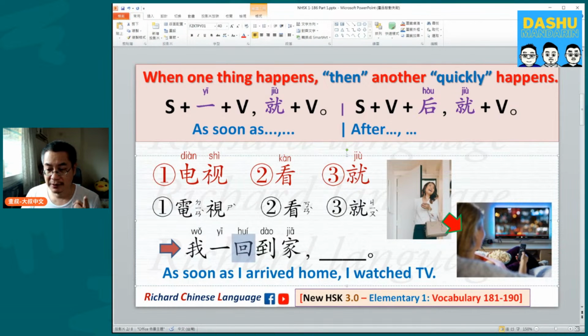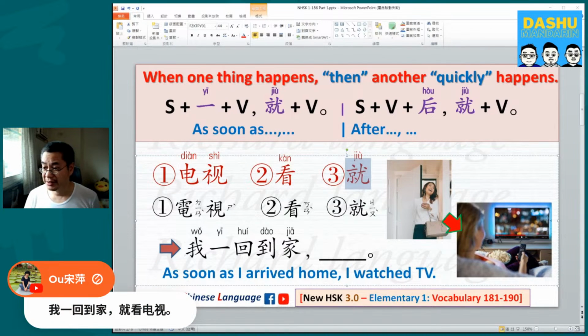我一回到家，电视看就. One thing happens and then quickly the other happens too. Very good. 我一回到家就看电视. So it's like when you return home, you turn on the TV immediately, right?